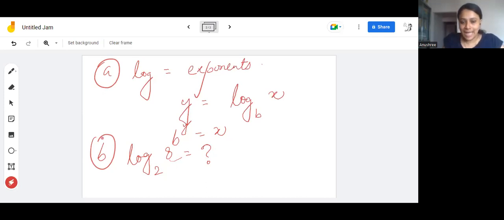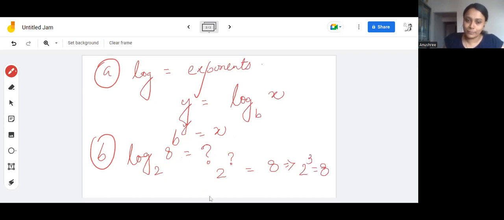We already know that the cube of 2 equals 8, or 2 to the power 3 equals 8. So this question mark will be equivalent to 3. That's it. It's as simple as that.